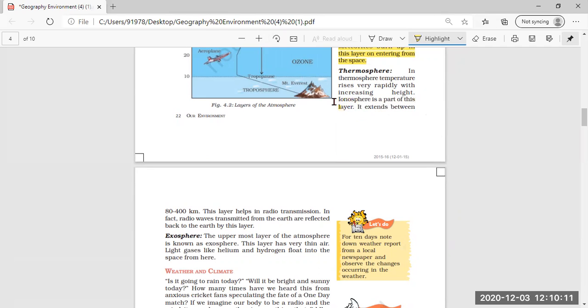So what is part of this layer? The ionosphere. It extends between 80 to 400 kilometers. This layer helps in radio transmission. In fact, radio waves transmitted from the Earth are reflected back to the Earth by the ionosphere only.